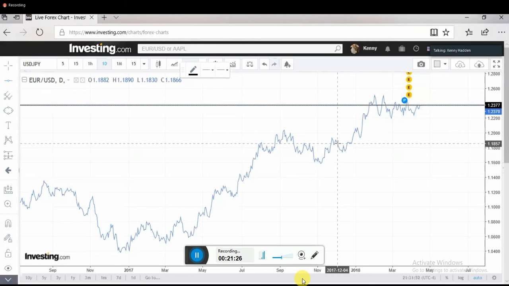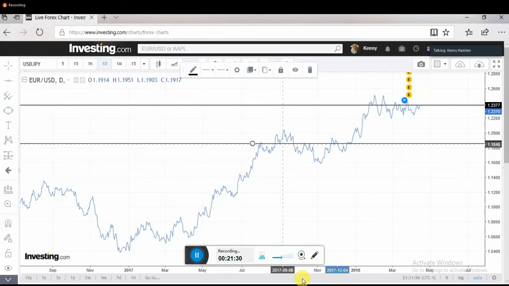Right here we have like a tap. This one, I would use this one as a tap. It's tapping right here and it's tapping right here. Got it. Let me lock these.